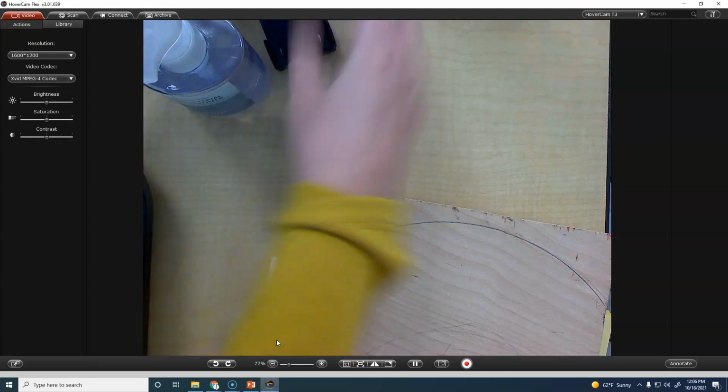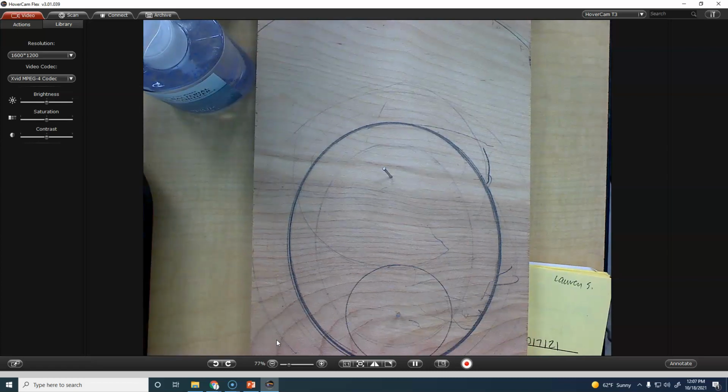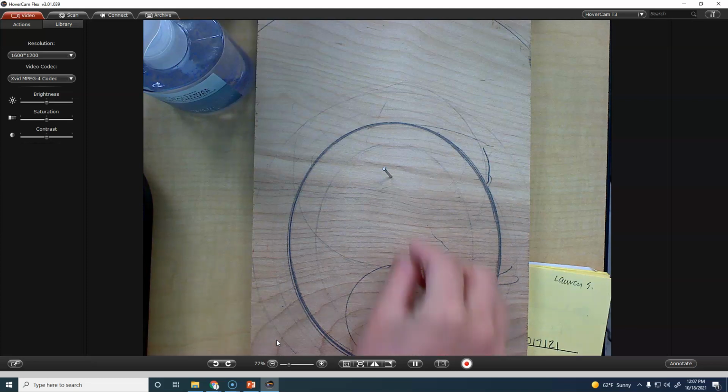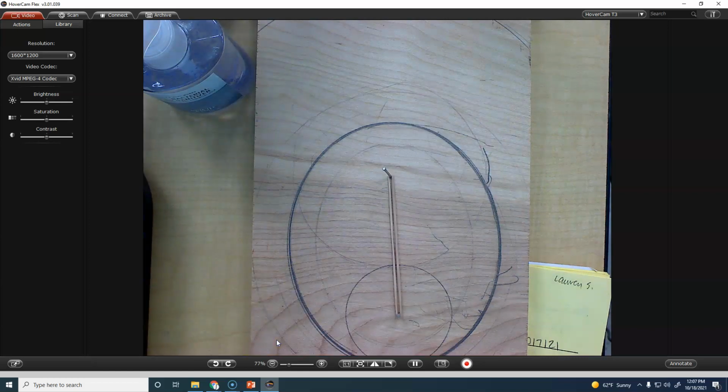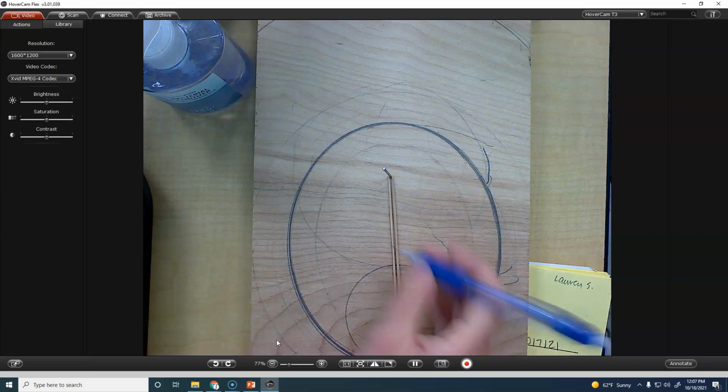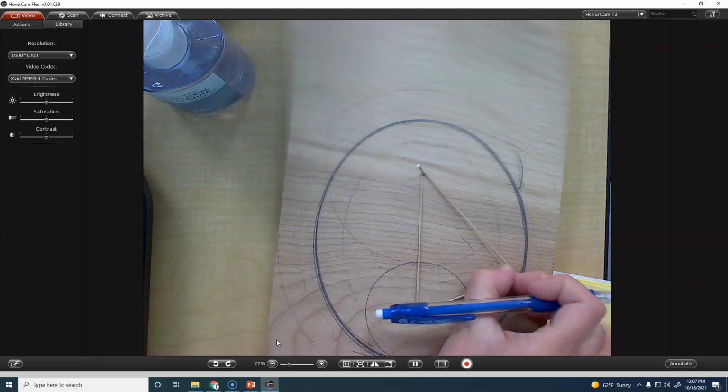Let me see if I can get this to show up. Okay, you can't see that little corner there, but I'm going to do this. It'd be better if I had a string because rubber bands are stretchy and not ideal. Normally I would have a string, but the string fell off of this.